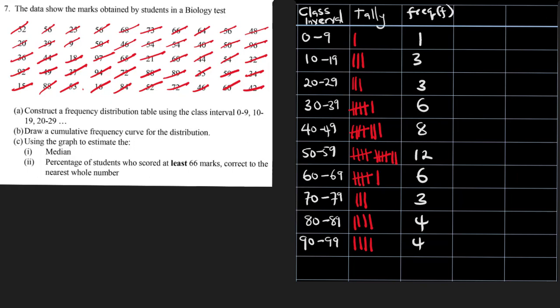From the frequency, we'll be able to get the total number of students that sat for the exam. How? By adding all of these. So we're going to say summation F, that's the sum of the frequency.